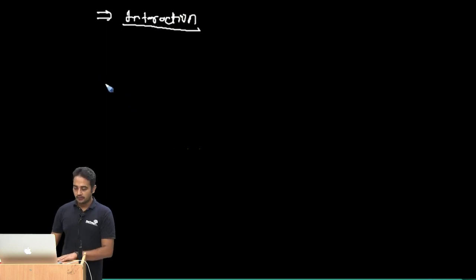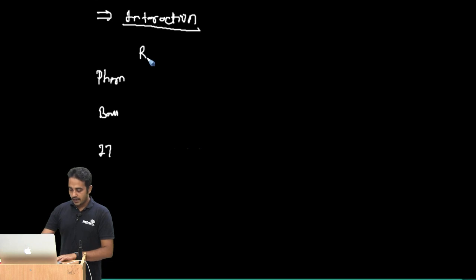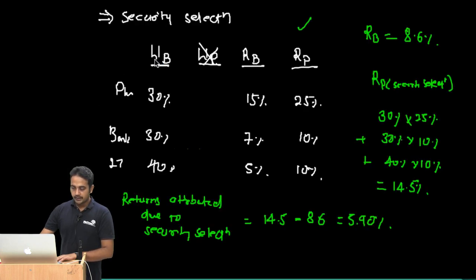Last component is interaction. Now for interaction, you would have to make use of all the data. So pharma, banking and IT. First we have weight in the benchmark, 30, 30, 40.